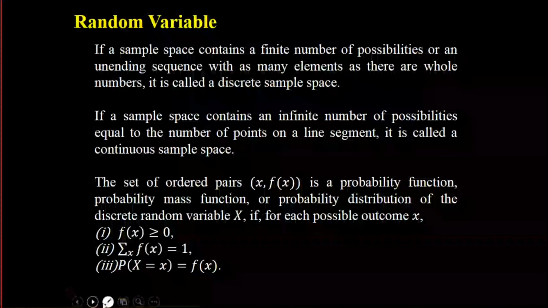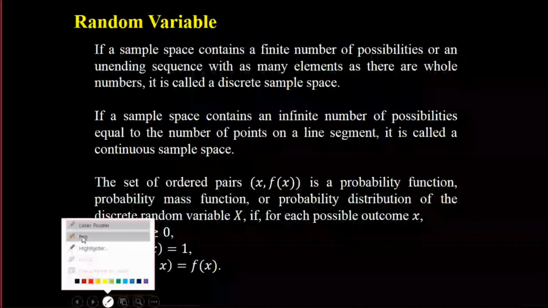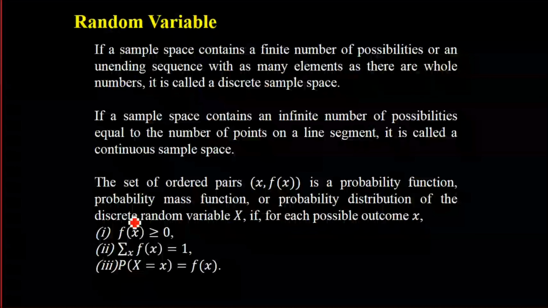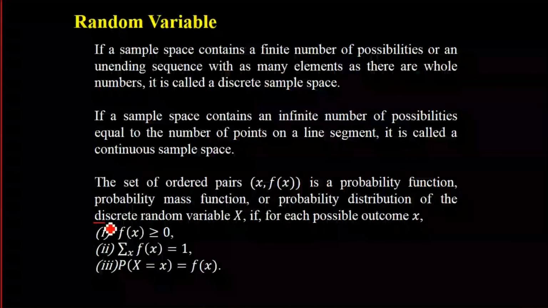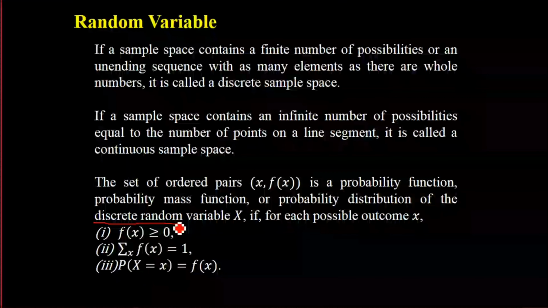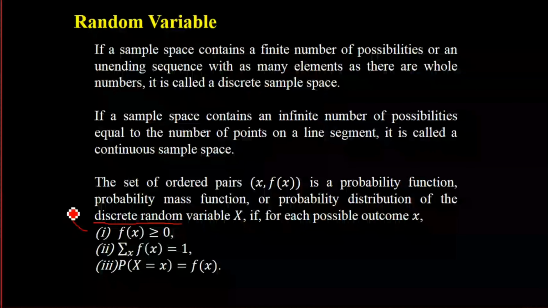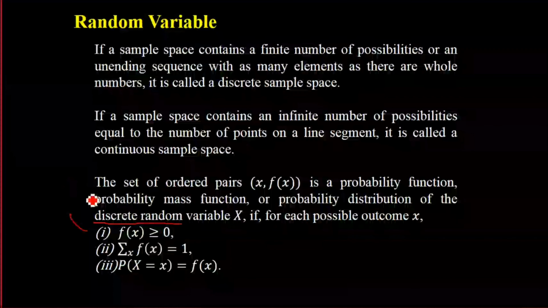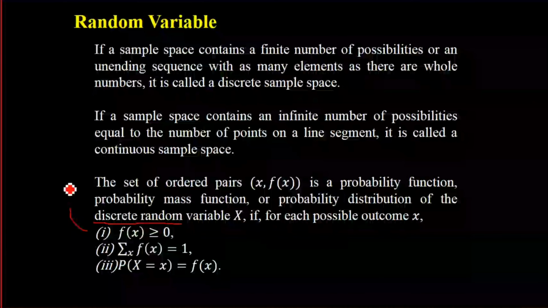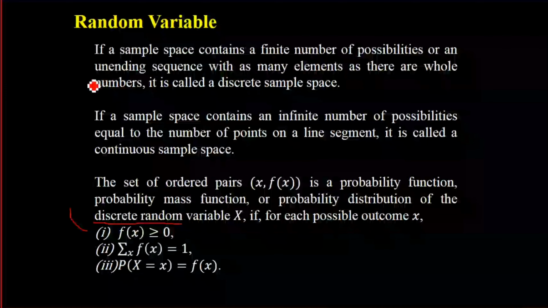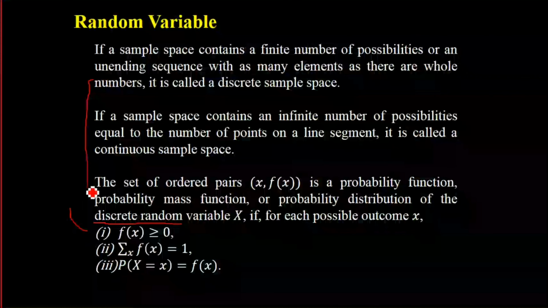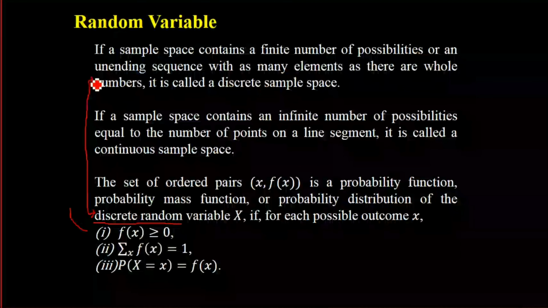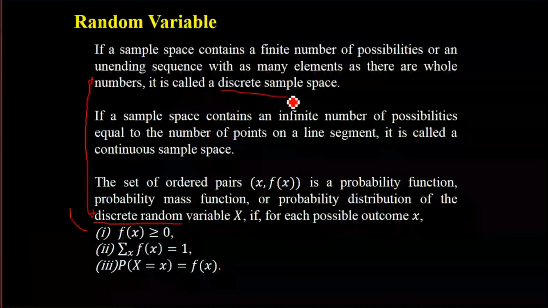I'll relate this to you now. See, here it says discrete random variable, yes or no? So this will be like this, because here we have a discrete sample space.